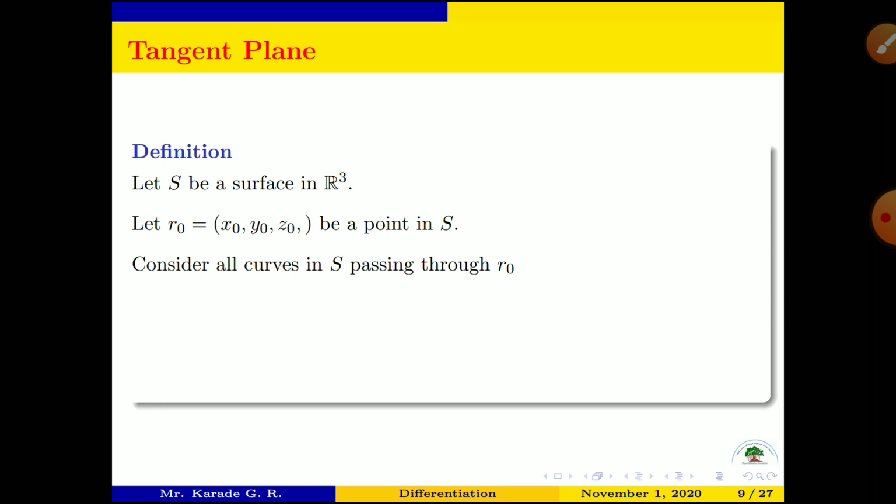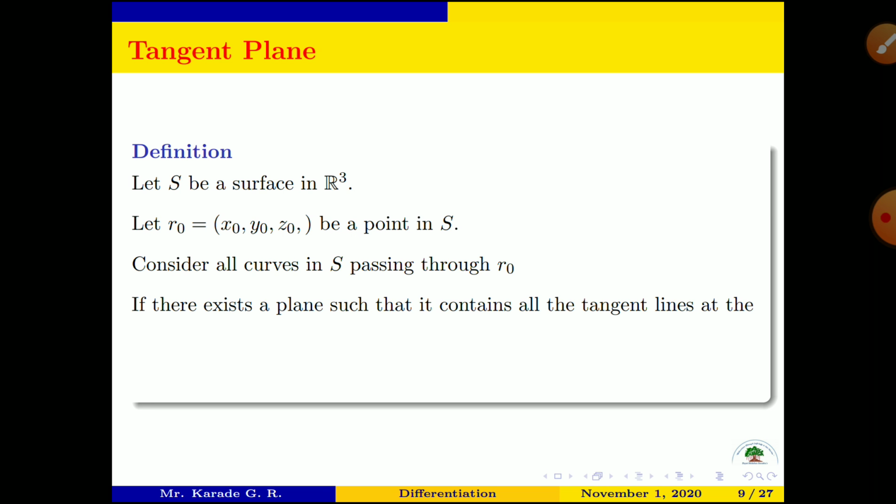So as S is a surface in R3 and R0 is a point on that surface, let us consider all those curves in S passing through the point R0. Therefore there are infinitely many curves on S which are passing through the point R0 on the surface S.